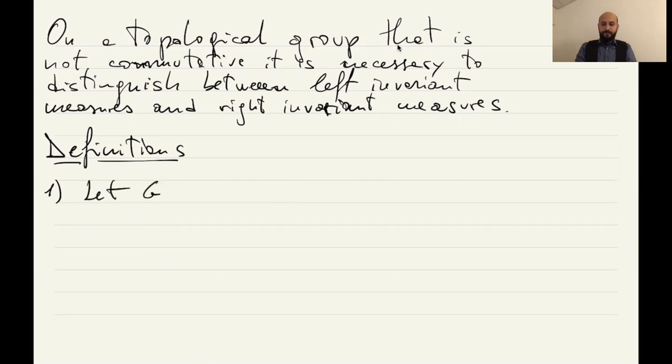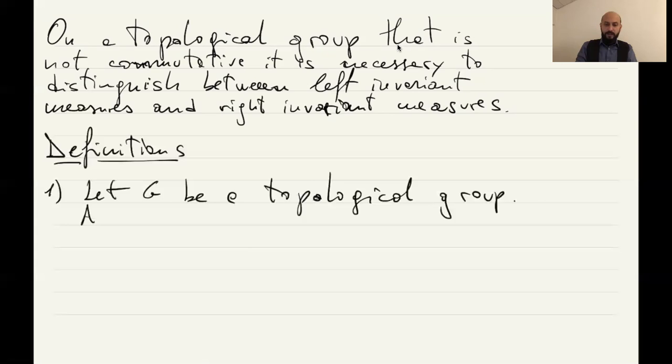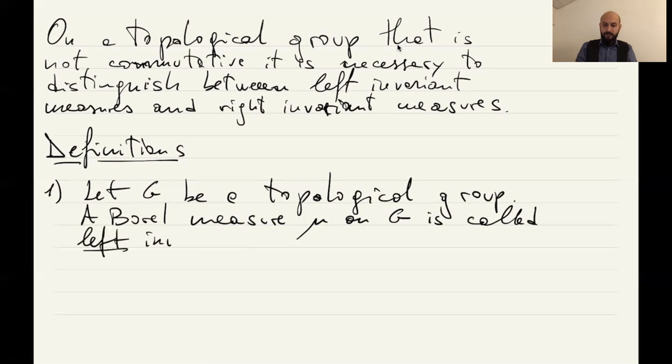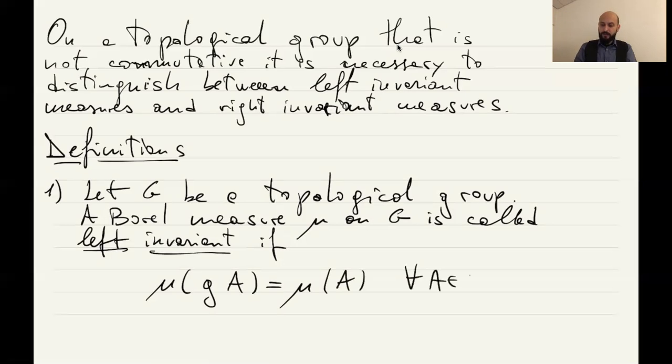So let G be a topological group, then we say that a Borel measure mu on G is left invariant if the measure of g times A is equal to the measure of A for all A Borel set of G and for every g element of G. Okay, so here before we had plus, now we just have a product where g is on the left.